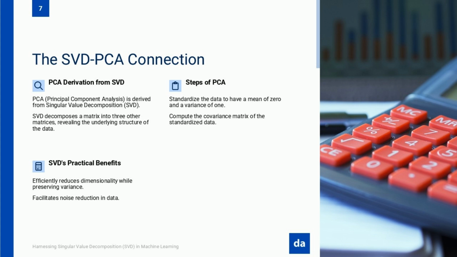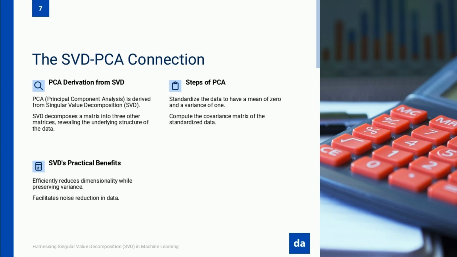This isn't just a mathematical curiosity, it has practical implications for implementation. SVD can often be computed more efficiently than explicitly forming the covariance matrix, especially with large datasets where direct eigendecomposition becomes computationally intensive. Where these methods diverge is when working with non-centered data.